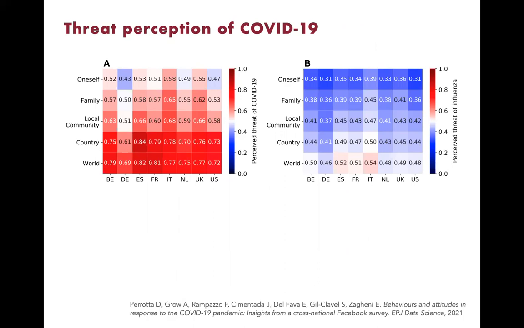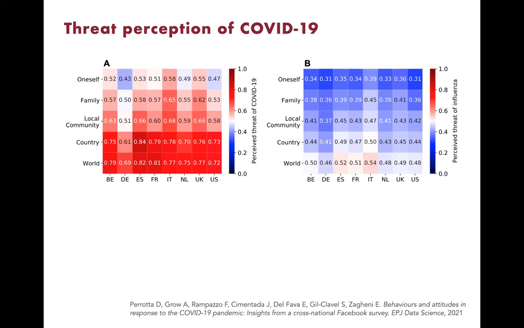And to get a sense of what this actually means, we asked the same questions regarding the threat perception posed by influenza in order to have a sort of baseline to better quantify the threat perception for COVID-19, which, as expected, was way higher than the threat for influenza, of course, given the novelty and uncertainty surrounding COVID-19.